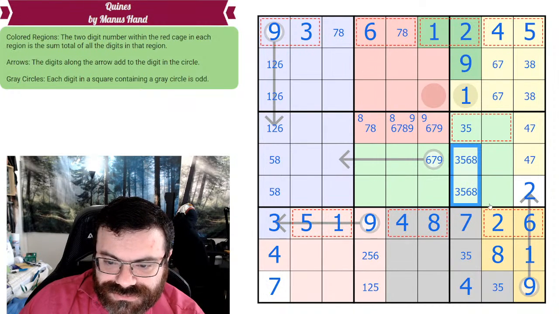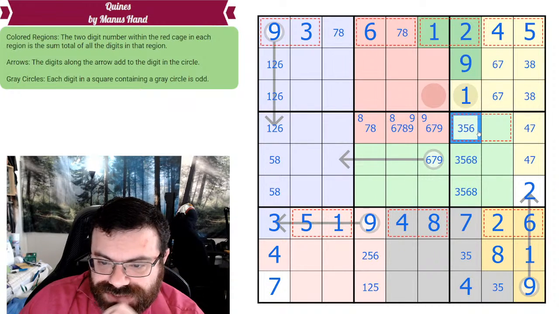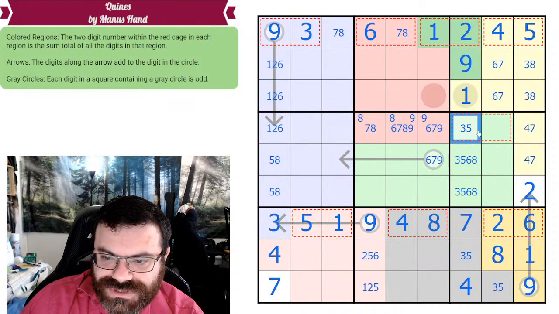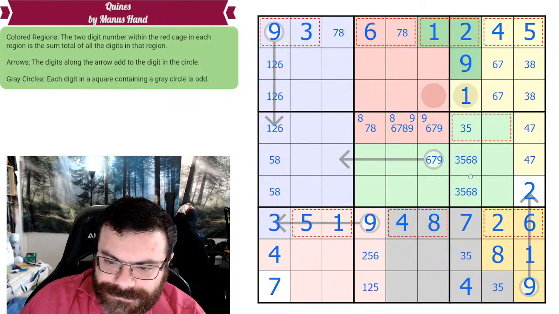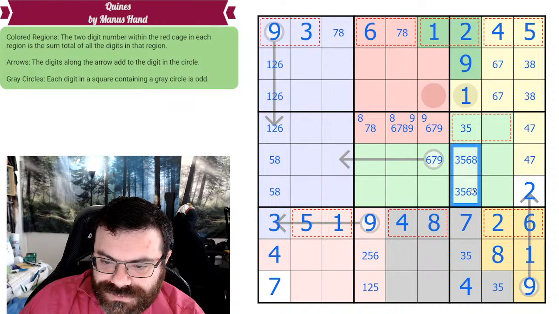So now... Oh no, it could be a 6. Oh no, it can't. We can't reach 60 with these. That's right. That's what I was seeing. So that's a 6, 8 pair.